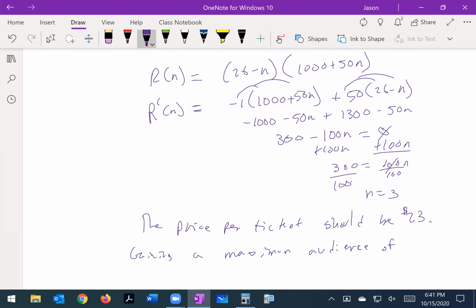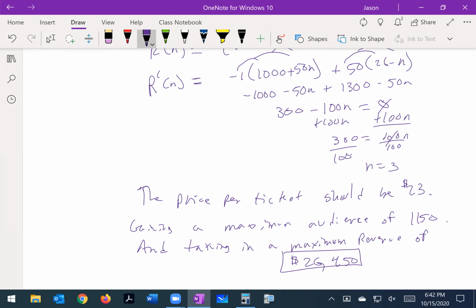Okay, and taking in a maximum revenue of whatever 23 times 1,150 is. 23 times 1,150 is $26,450.